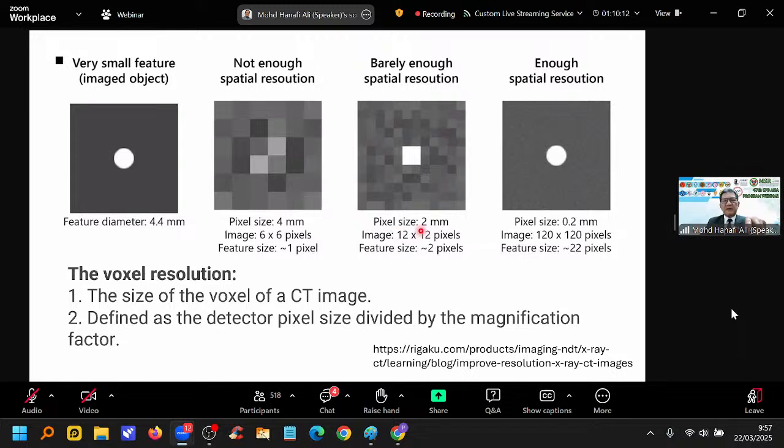If we have a pixel size of about 2 mm, you can see the structure already changed from a circle, or one big dot, to a square here. But if we make the pixel a little bit smaller, then we can get a better voxel image here. This is what we call voxel resolution.